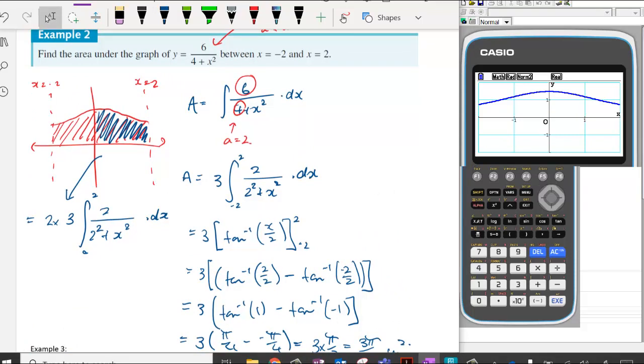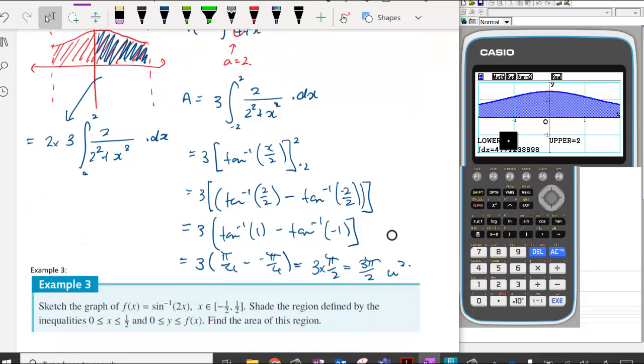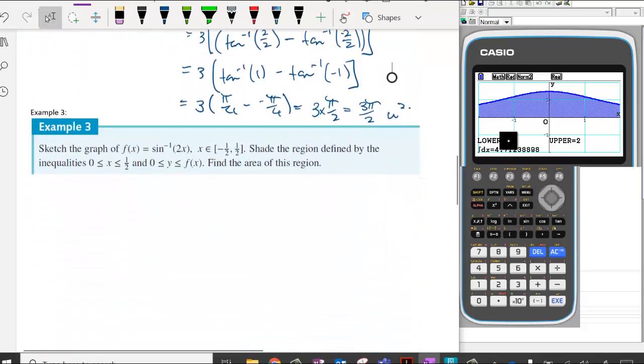Now, again, we can check this with g-solve integral between -2 and 2. And we get 4.71238, and you can check that on your calculator. That will be the same as 3 pi on 2 units squared.